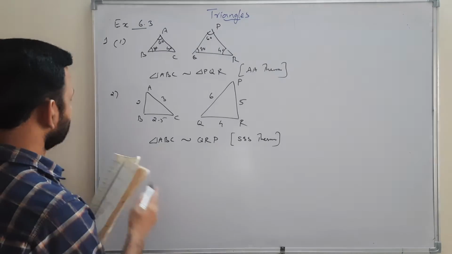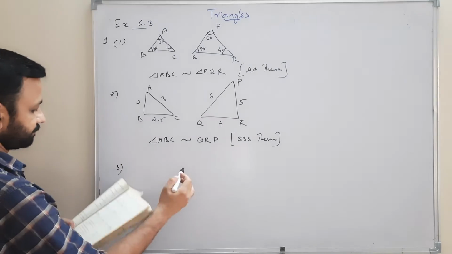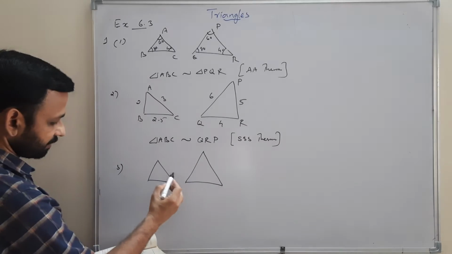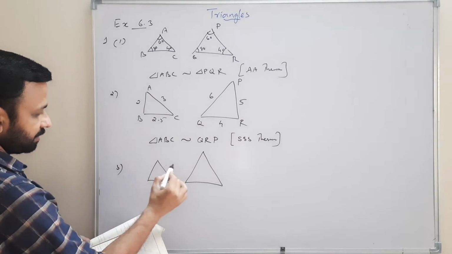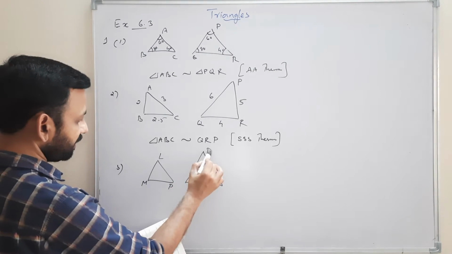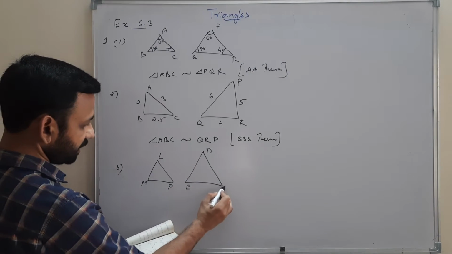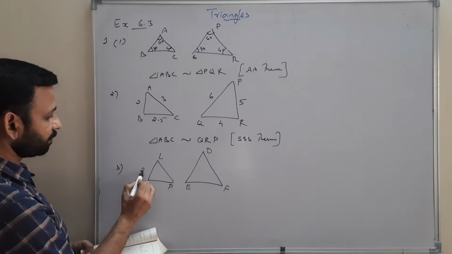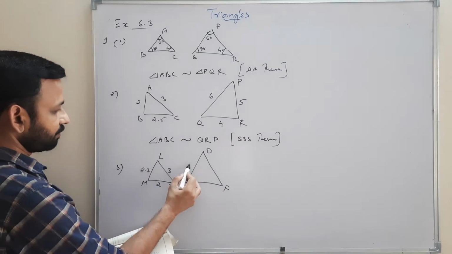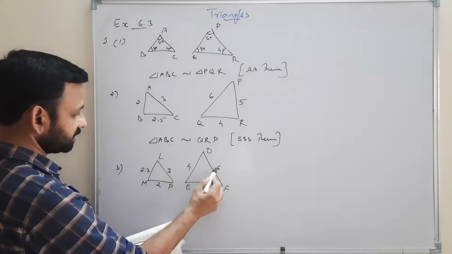Now we can do third part. Here also we have two triangles. First one is LMP and the second one DEF. And here 2.7, 2, 3, 4, 5 and 6.